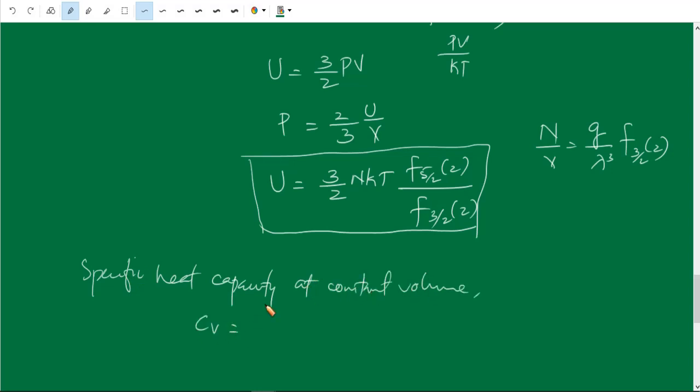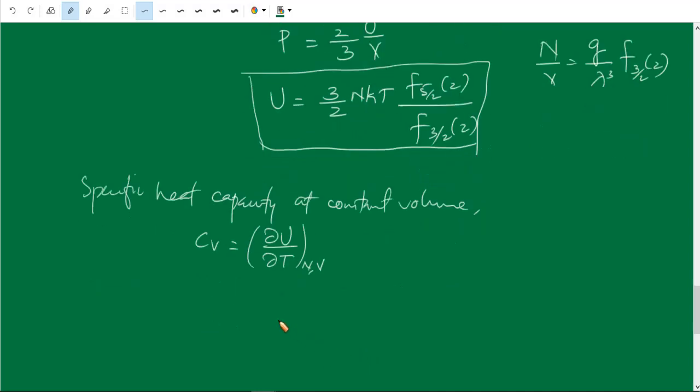Cv is given by the partial derivative of internal energy with respect to T, with N and V constant, number of particles and volume constant.